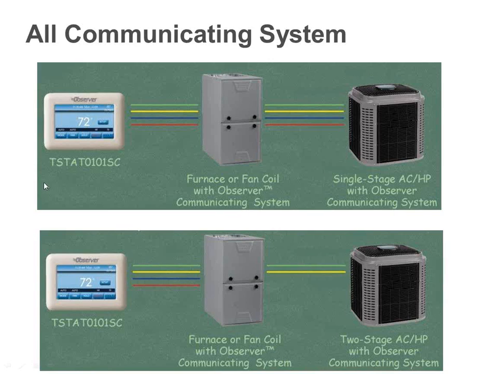That is because the two-stage unit has a transformer out there to power its own circuit board, so it doesn't need the 24-volt wiring to go out to the condensing unit from the furnace. In the case of the single-stage unit, it has to steal power from the furnace to power up its circuit board. In the case of the two-stage unit, there's already a transformer built into the unit, so it already has power. So it's all the more reason to use a two-stage unit when you're selling high-end systems.